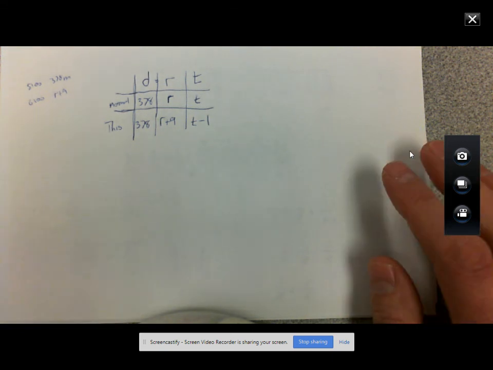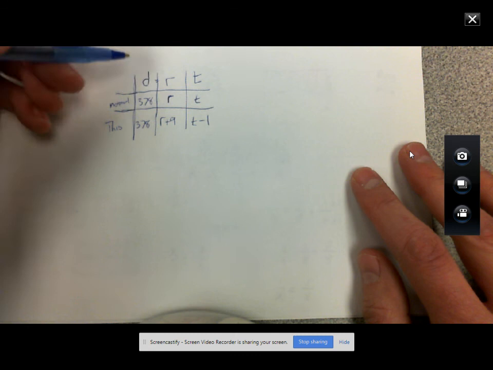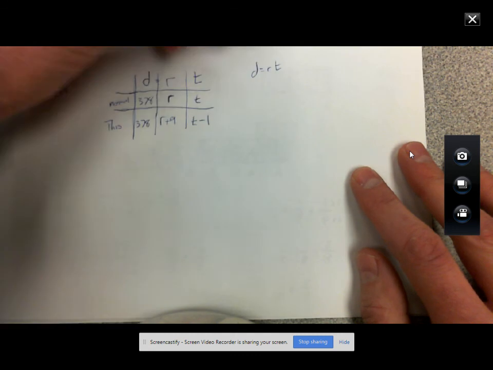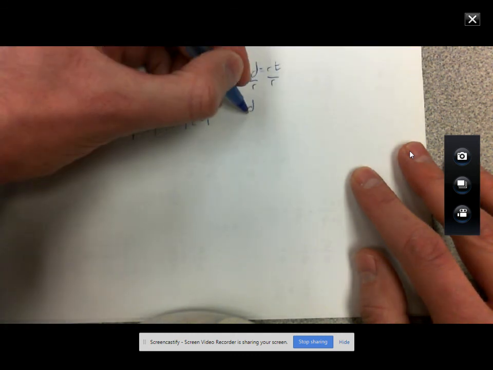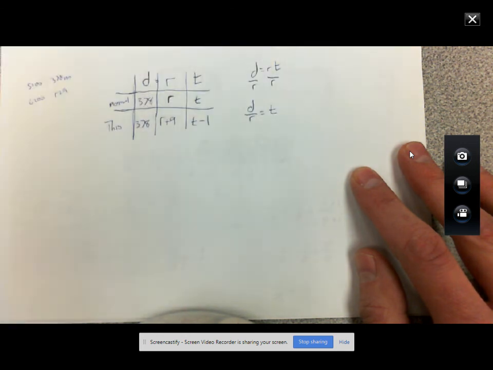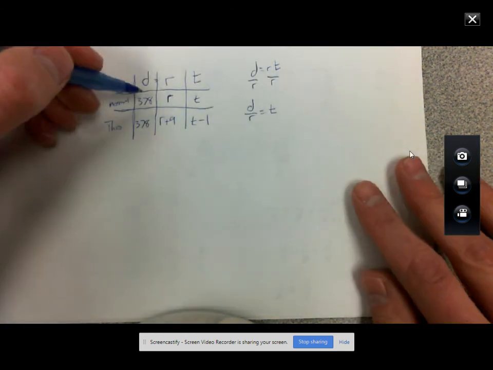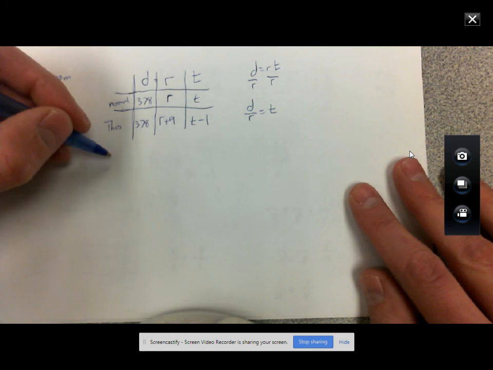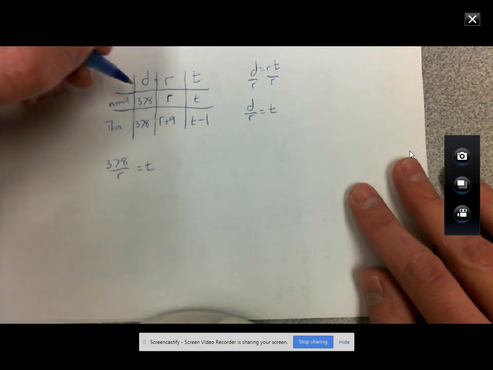Here's the trick. I'm going to solve this equation for time. So I'm going to divide by the rate. I'm going to get that distance divided by rate equals time. And this is an important trick for solving these. So if I do that with both of these two equations here, I get 378 divided by rate equals time for this one.